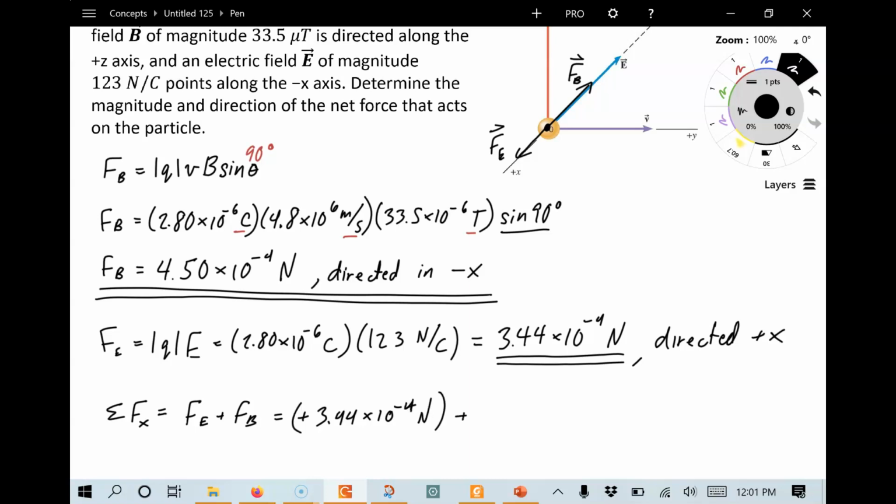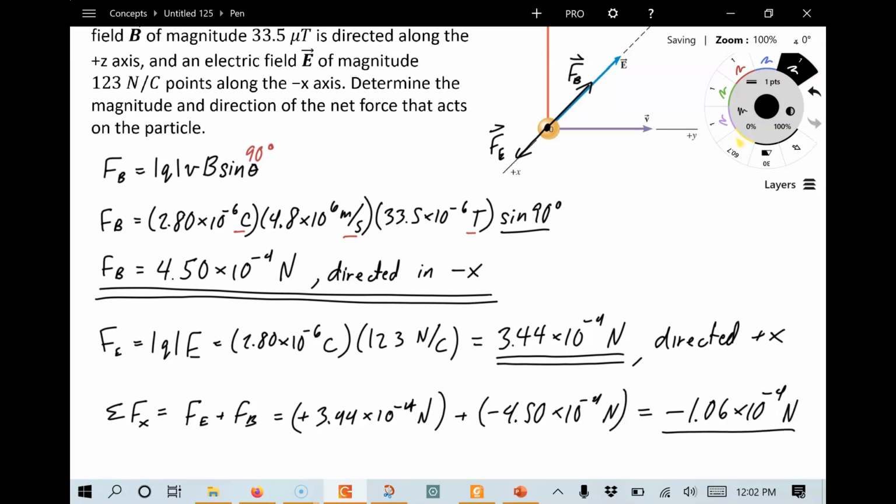And for the magnetic force, that one's in the minus x direction, negative 4.5 times 10 to the minus 4th newtons. When we add these together, we get minus 1.06 times 10 to the minus 4th newtons.